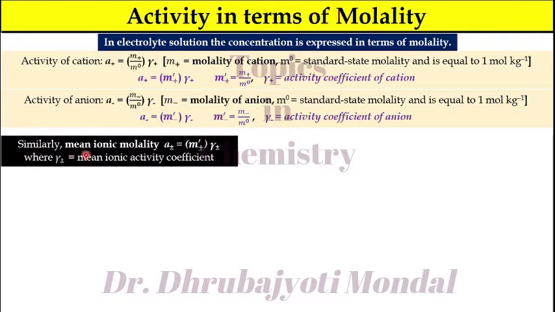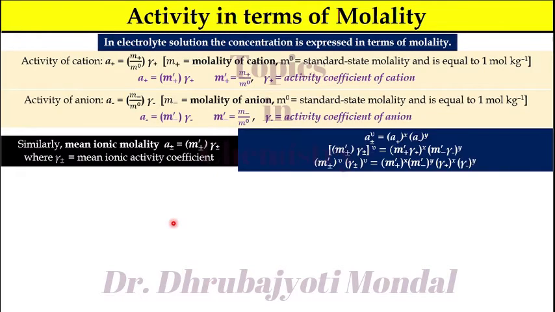Similarly, the mean ionic activity a plus-minus is equal to m prime plus-minus into gamma plus-minus, where gamma plus-minus is the mean ionic activity coefficient. Now you know that a plus-minus to the power nu is equal to a plus to the power x, a minus to the power y, and a plus-minus is equal to m prime plus-minus into gamma plus-minus.